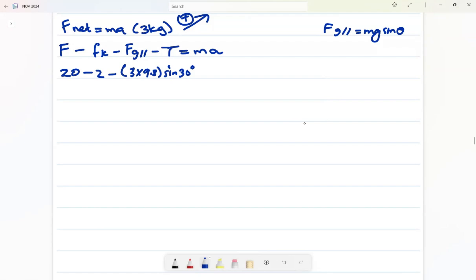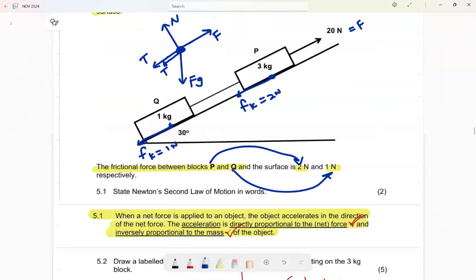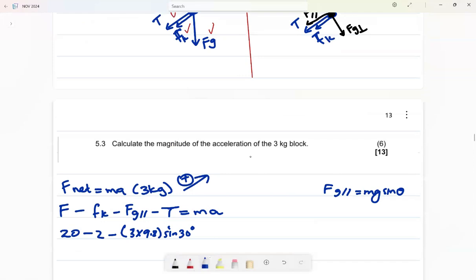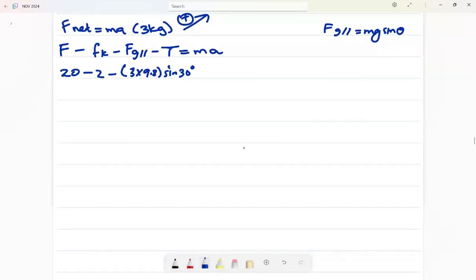P experiences 2, Q experiences 1. mg sine theta. And then minus tension, it is equal to 3a. And then you can see that tension is unknown in this equation. Again, tension is unknown.